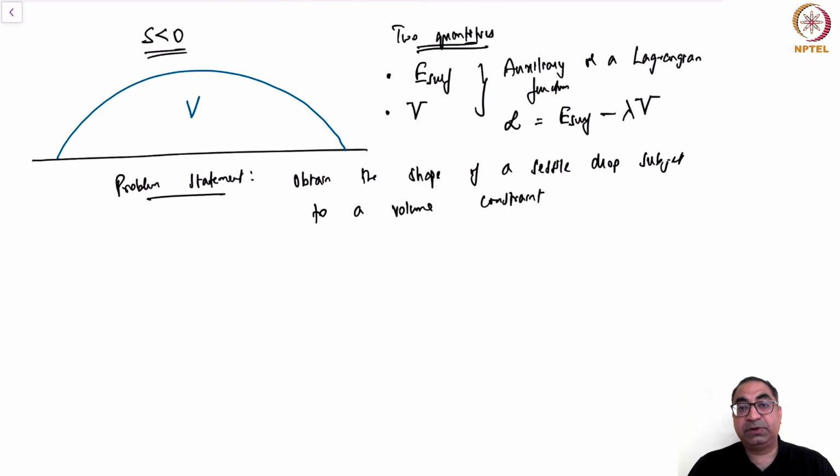Recall that the method of Lagrange multipliers allows us to apply the derivative test for a quantity called the Lagrangian, where the constraint has automatically been taken into account. Okay, so we'll see this in the next lecture.